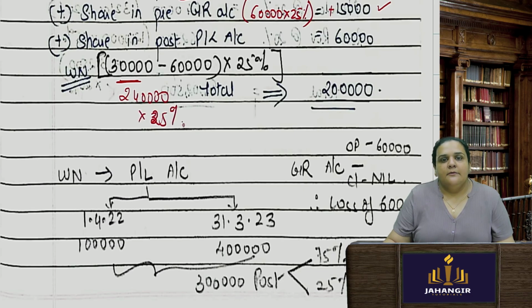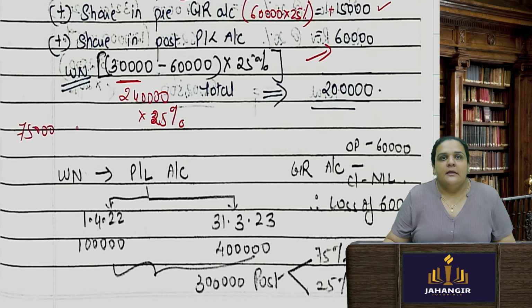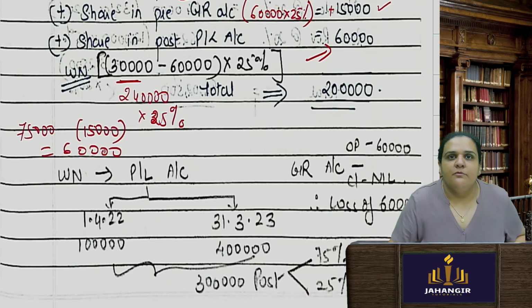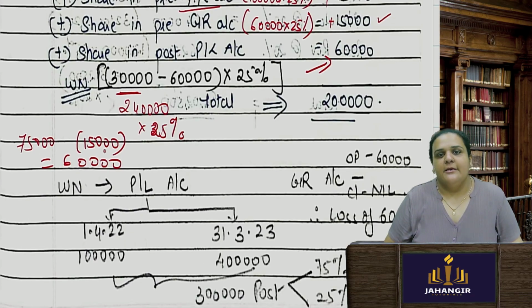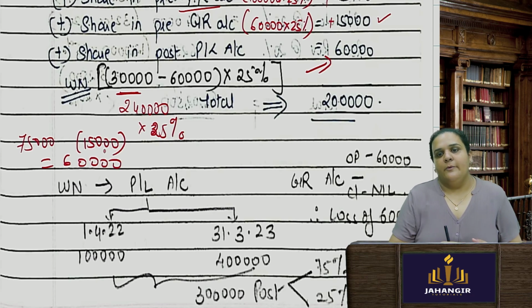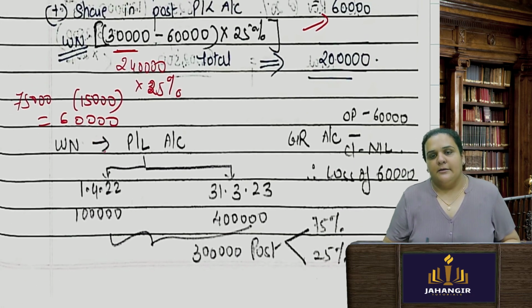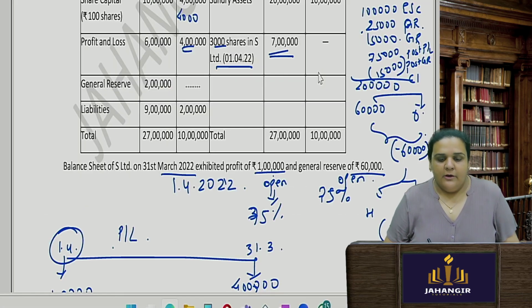That will give you 60,000 directly, as 75,000 plus and minus 15 will give you 60 only, na? So I removed that general reserve loss from this P&L profit, and I share in post P&L 2 lakh 40 into 25%. So minority interest is going to be 2 lakhs. This is how they have given in the guideline answers. You can also do it the way I have done. Okay.